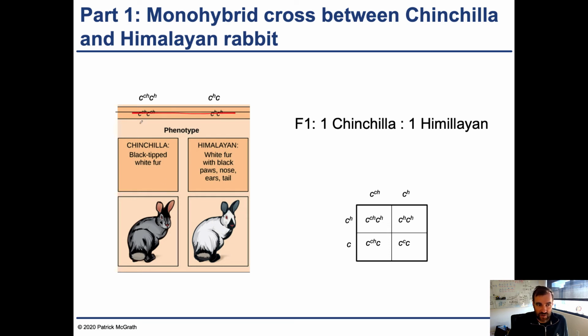And we get not only a mixture of phenotypes, but also a mixture of genotypes. So again, we can do the Punnett square. This individual right here produces these 2 gametes. This individual right here produces these 2 gametes. And so there are 4 unique genotypes that are produced. This one right here is chinchilla phenotype. This one right here is chinchilla phenotype. This one right here is Himalayan.